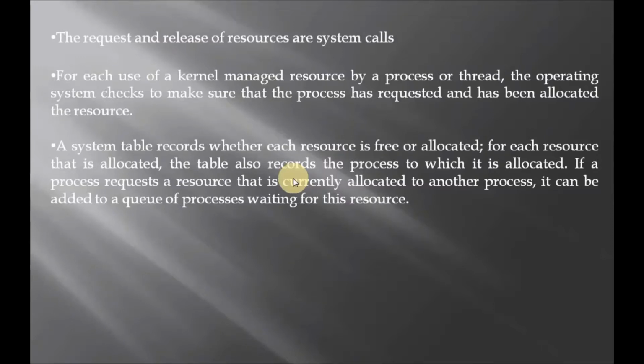To keep a record of all the resources that are used by the processes and the resources that are free, the operating system is going to maintain a table called the system table, where the system table records whether each resource is free or allocated. Getting, guys? So for each resource that is allocated, the table also records the process, obviously. So the table should contain the process details and the allocated resource details also, because you are going to allocate the resource to a process, right?